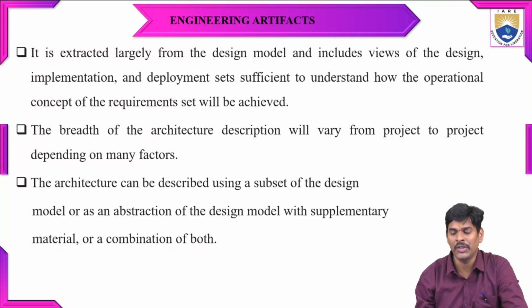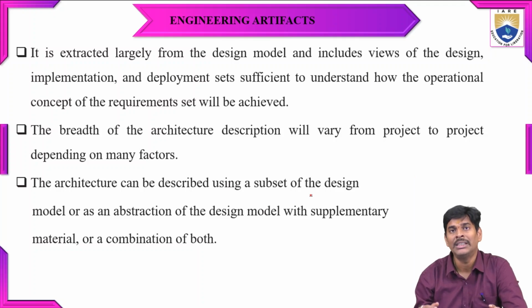In the design model, they need to include the views of the design implementations and deployment sufficient to understand, and they also need to check which various requirement sets will be achieved, and what the length and breadth of the architecture is. The breadth will differ from one architecture to another, and also from one project to another. So they may be considering different types of factors also, and this architecture can have a subset of the design model.